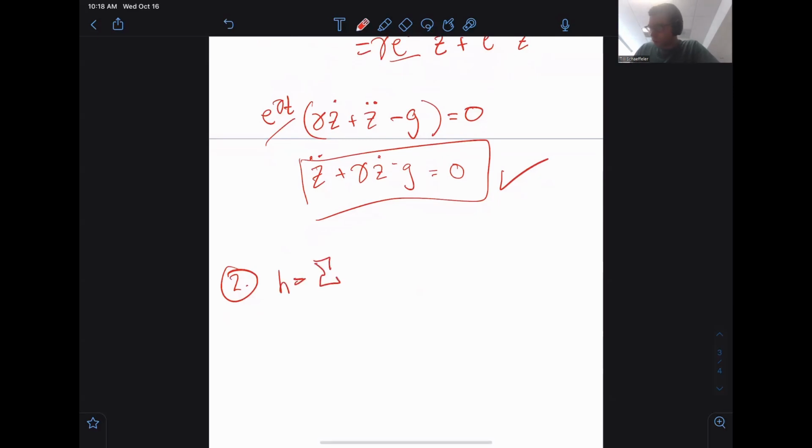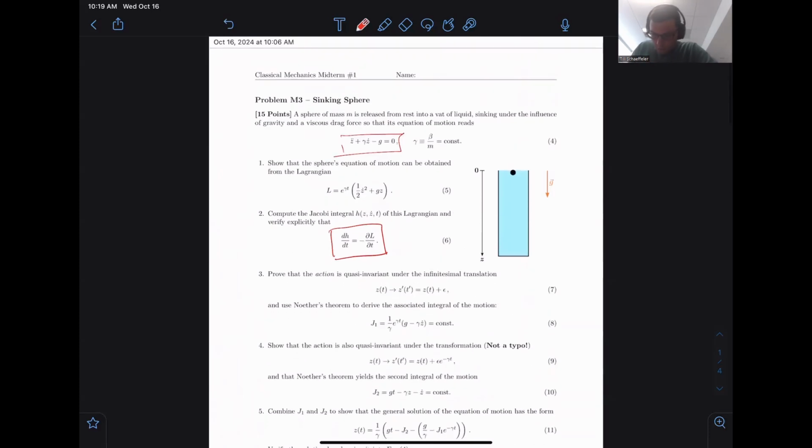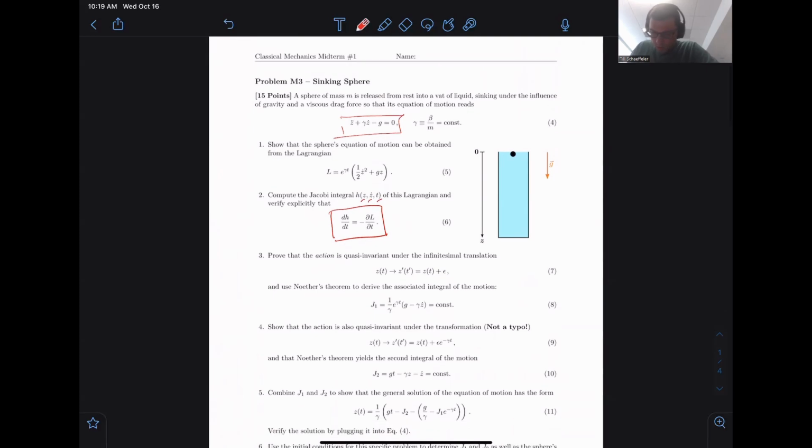It's the sum over the velocities times the partial derivative of the Lagrangian with respect to the velocities, minus the Lagrangian itself. And so in this case, they write h as a function of z dot and t, because the Lagrangian is a function of z dot and t.